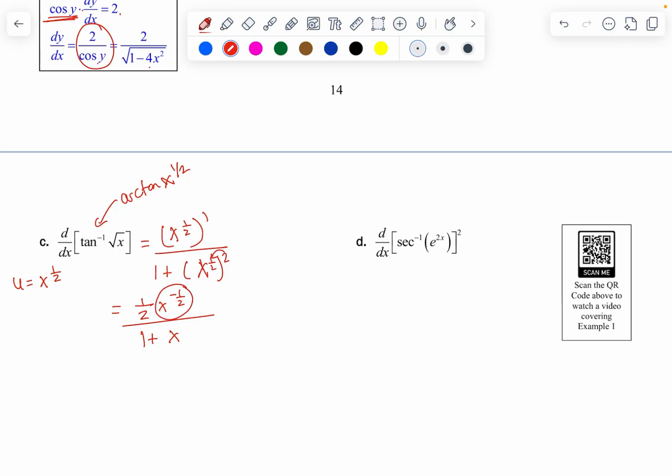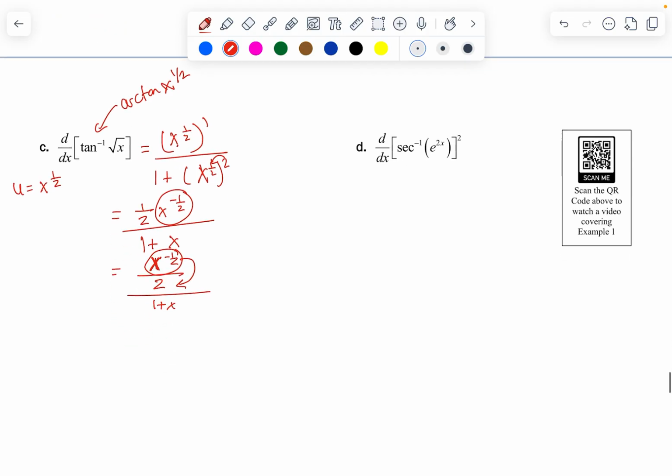Now remember, you cannot have negative exponents. So just to make things look a little bit neater, I'm going to write this as x to the negative half over 2, and all of that is going to be divided by 1 plus x. So when this moves to the denominator with the 2, you've got 1 over 2 square root of x, and all of that is over 1 plus x.